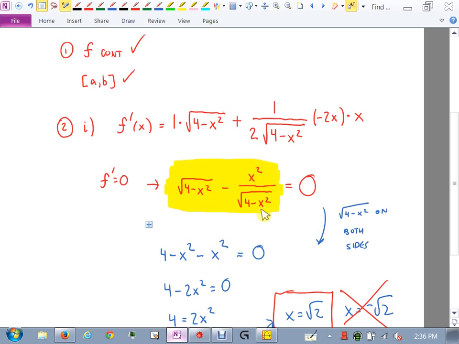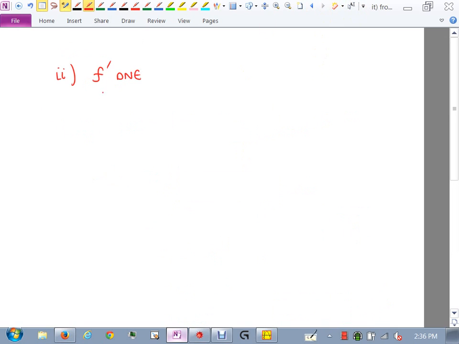Y'all follow me? Okay, so for part 2, at x equals 2, we have a critical number. It just so happens, though, x equals 2 is also one of your endpoints.